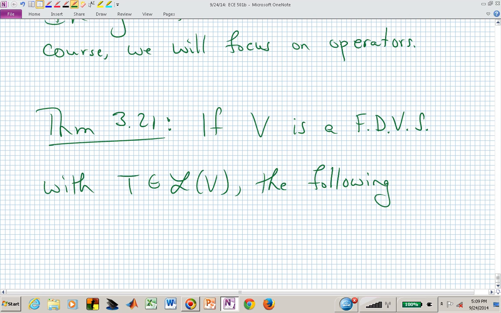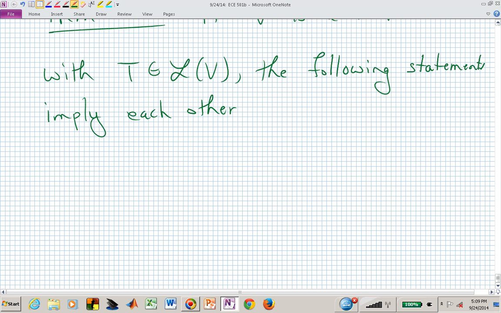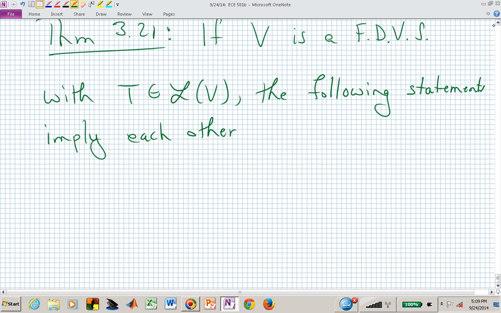The following statements actually imply each other. So if we're dealing with an operator, which means we're going from V back into V, then we can say that the following statements each imply each other.